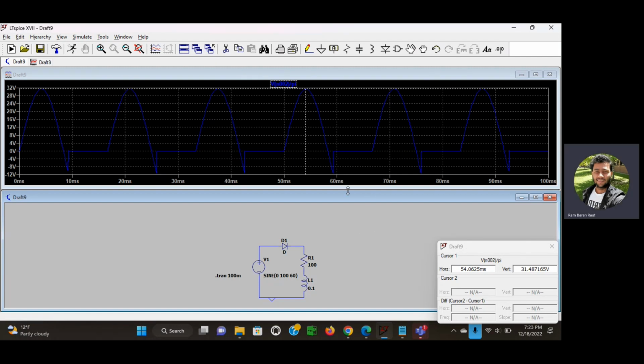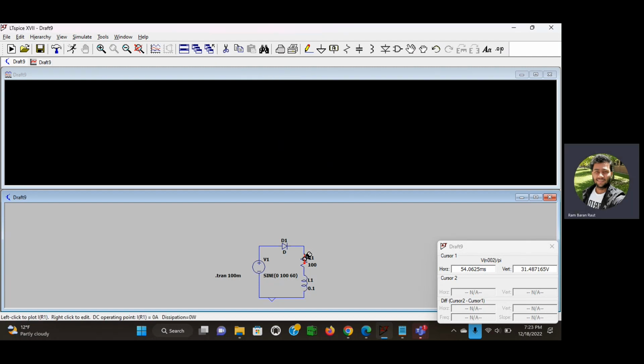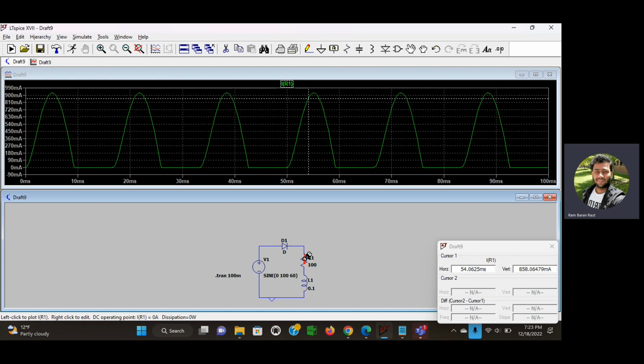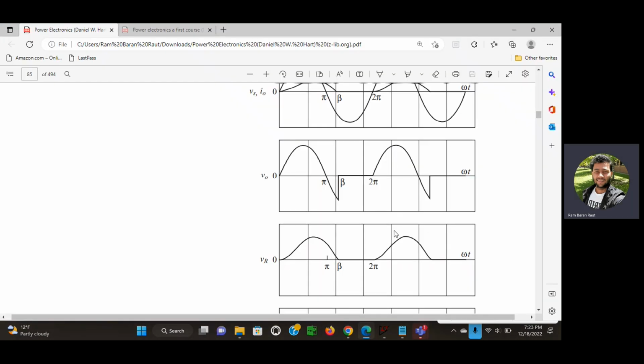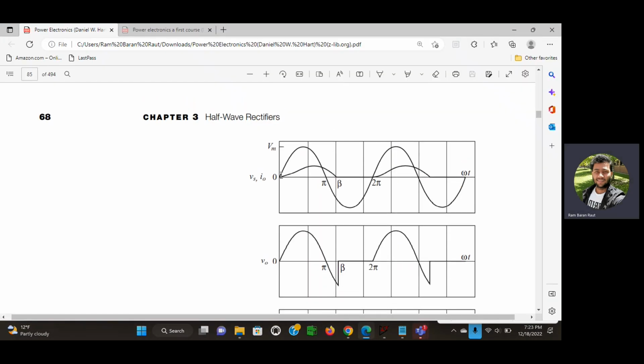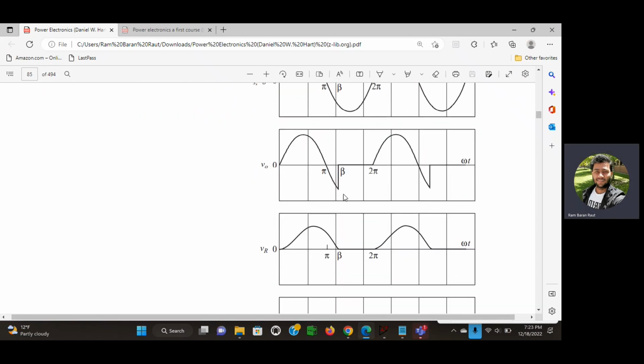We can also see the output current, which is just a half-wave rectifier. We check the diagram.